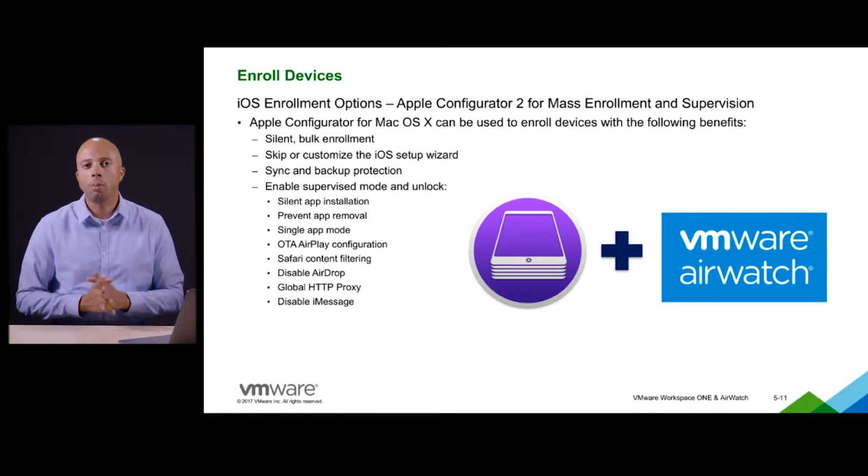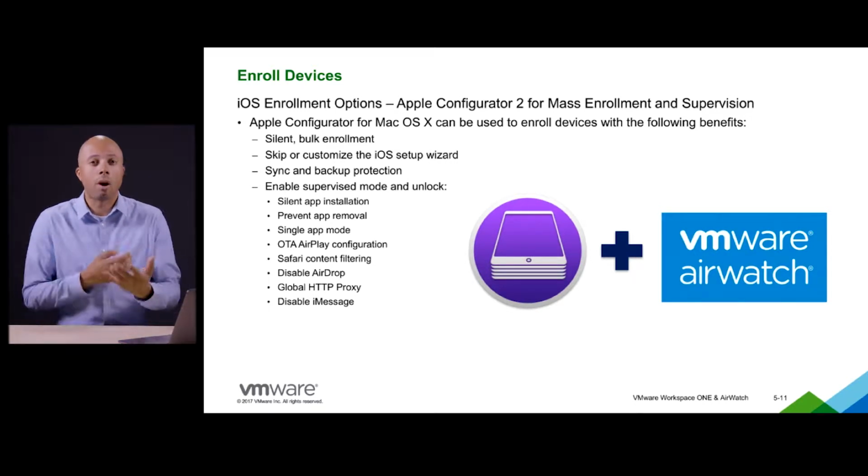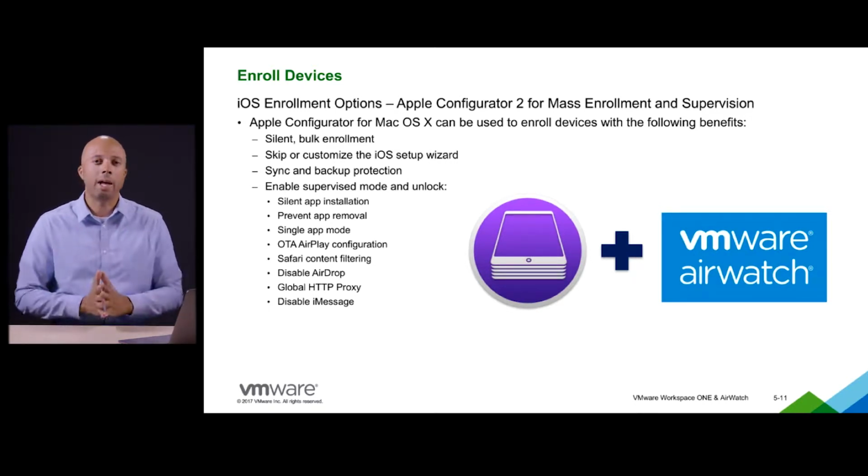If the user tries to remove enrollment by, say, factory resetting the device, guess what? It restarts up. It has to talk to Apple over APNS. Apple has a registered AirWatch console associated with that device's serial number. It pushes management right back down again. So good luck stealing it.